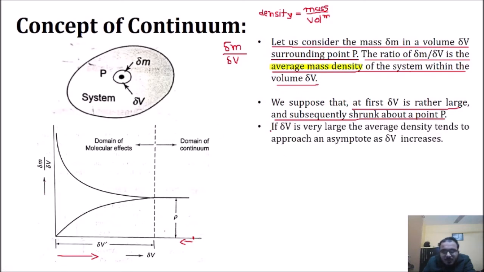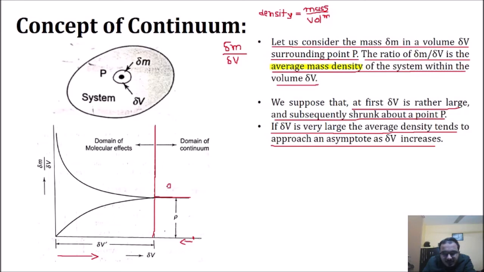So if delta V is very large, then the average density tends to approach an asymptote as delta V increases. So once we keep on increasing this delta V at some distance, let's say over here on this portion, beyond this point the average density will be an asymptote, that is, it will remain constant.